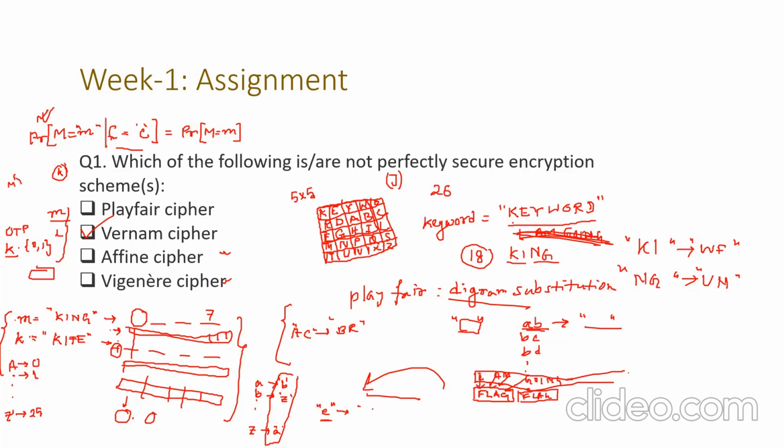So the positional value of I will be added with the positional value of F, and we take the modulo, so we get another English alphabet correspondingly. The positional value of A, which is 0, will be added to the positional value of L in the English alphabet, and mod 26 will be taken. So some English alphabet will be mapped here.